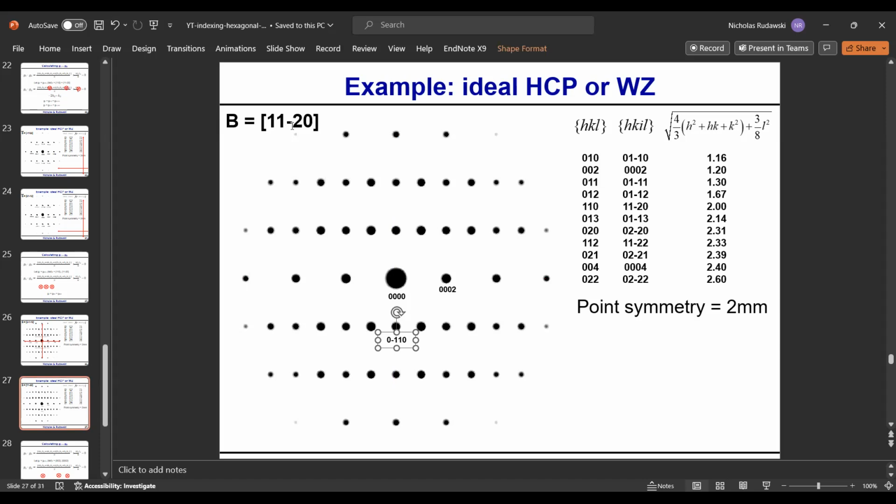Now I have to convert this to a 3-index notation. This is actually an easy one. The answer is 1 1 0. Basically, I have 1 minus 2 is 3, and then 1 minus 2 is 3, and then 0. So I have 3 3 0, which reduces down to 1 1 0 in 3-index notation. Then if I do 002 cross 1 1 0, I'm going to get the answer that points in this direction.